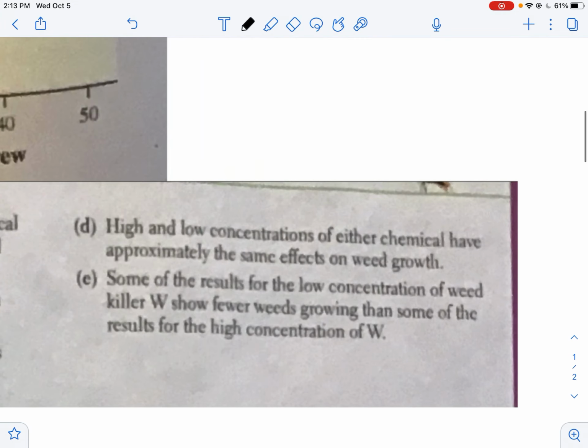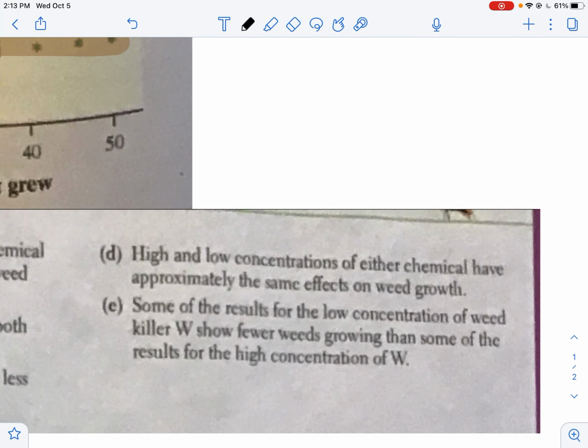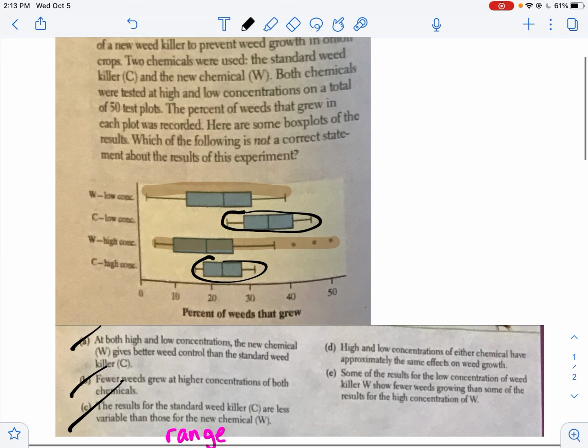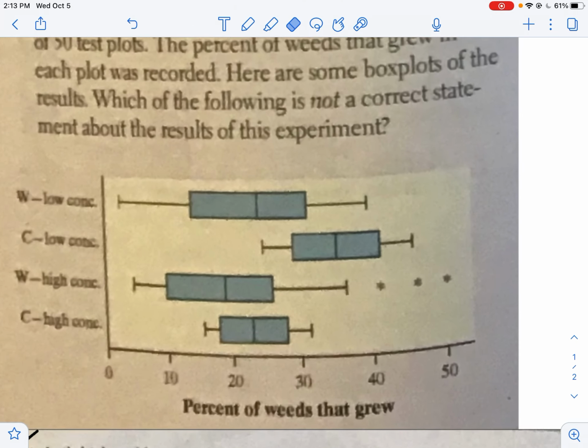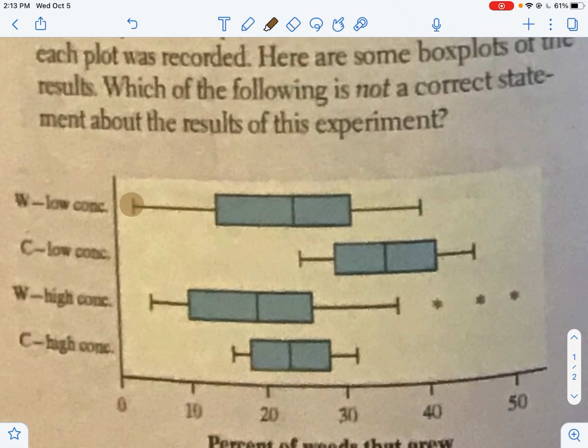If I go to D, high and low concentrations of either chemical have approximately the same effects on weed growth. Let's see. If I'm looking at W, it has approximately the same. Well, okay, the ranges are kind of similar, especially if we throw in these outliers. The widths are fairly similar.